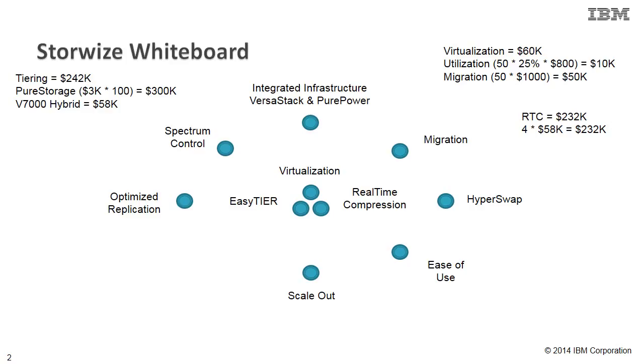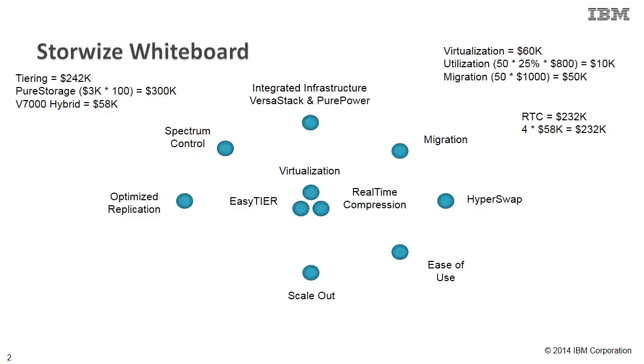I was meeting with a customer a few weeks back who was an MSP, and he couldn't say enough good things about Spectrum Control. The reason is that most of his cost came from labor, so he was able to use Spectrum Control as a tool to isolate performance problems, not just storage, but servers and networking, and improve the service he was delivering as integrated infrastructure as a service to his customers.